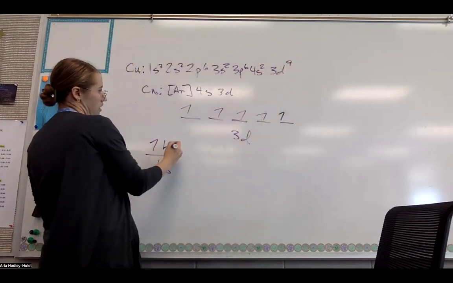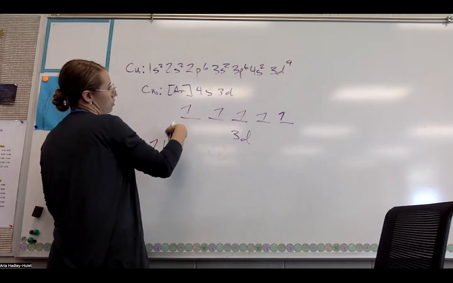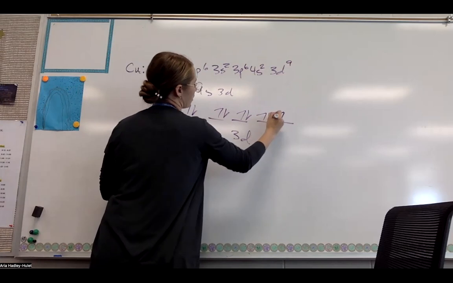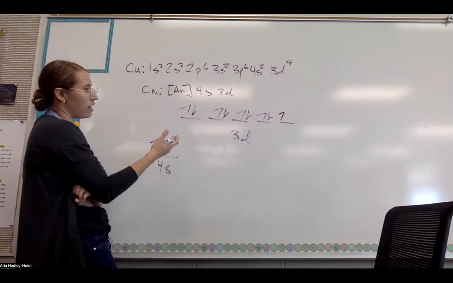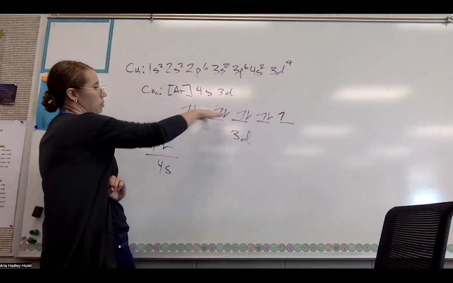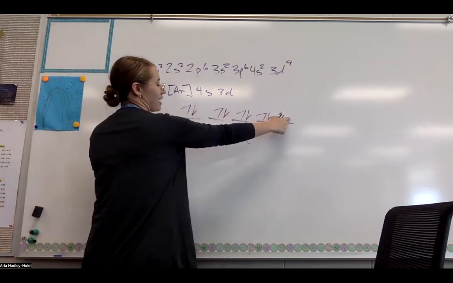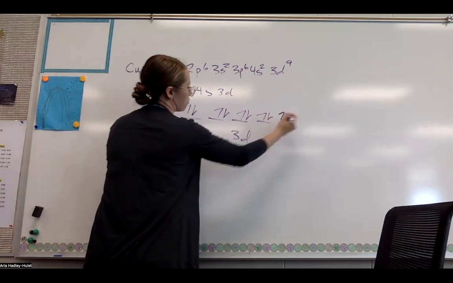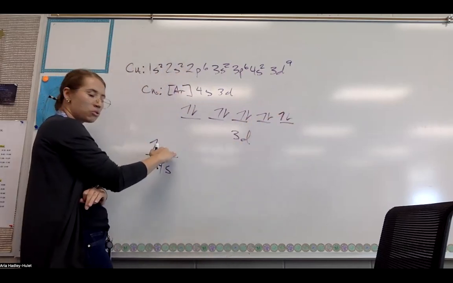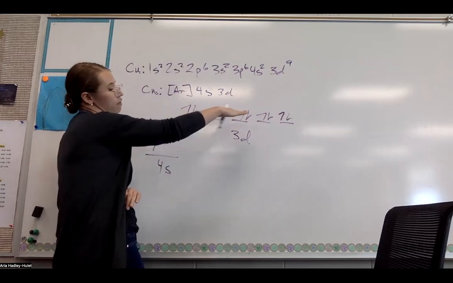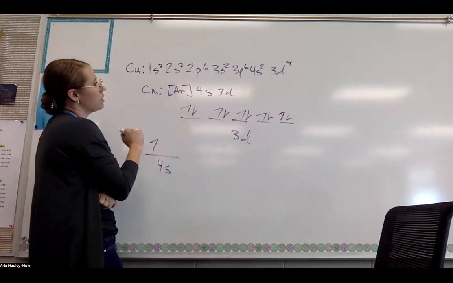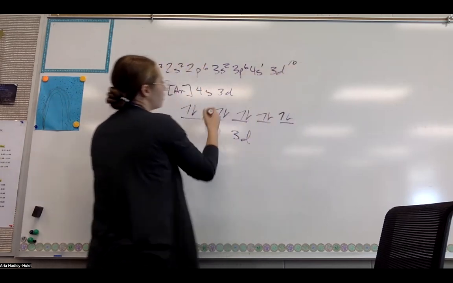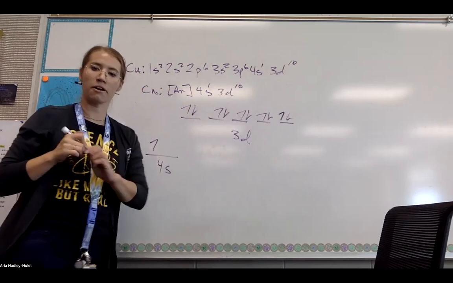But how that looks here, so 1, 2 in 4s, and then 1, 2, 3, 4, 5, 6, 7, 8, 9. Okay, so now I see a fully filled and a partially filled because this guy's not partnered. And so one of the electrons moves. So now we have a half filled, which is lower energy, and a fully filled, which is lower energy. And so this changes to 4s1 and then 3d10.